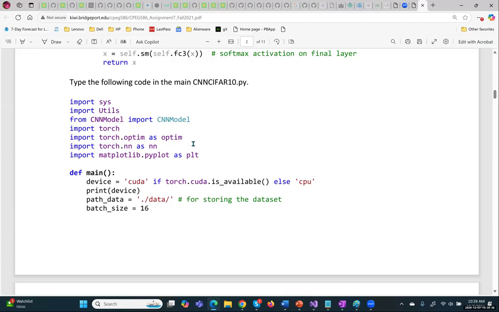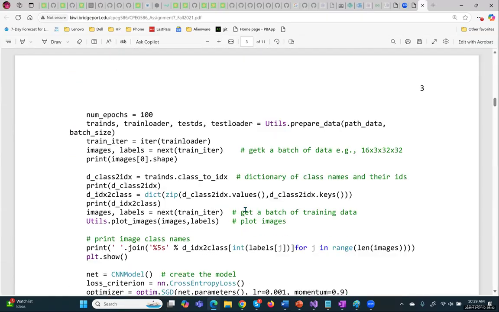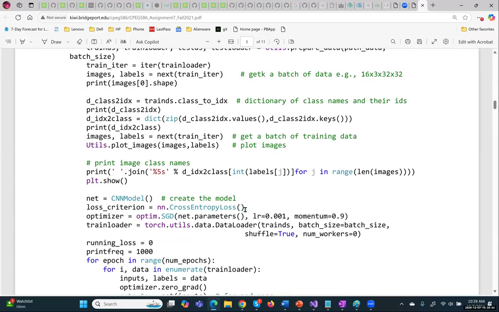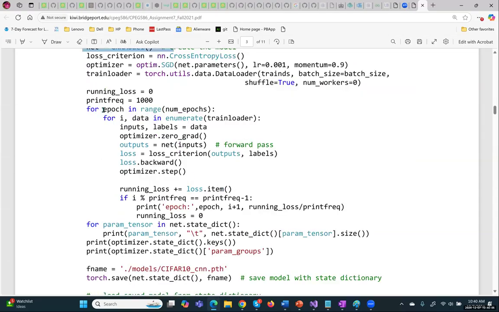Okay, then our main program, as you will see, it's pretty standard. It will go into a training loop. So we will create our network over here, and we will call our function to obtain the data loader. Anyway, so then this is our training loop.